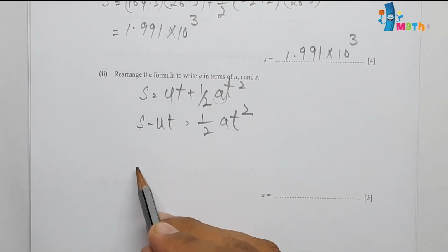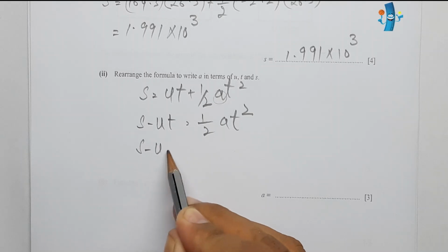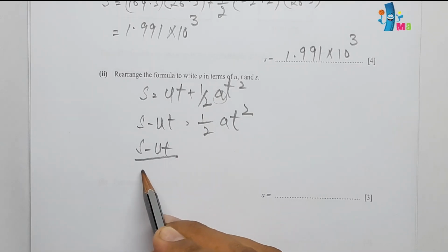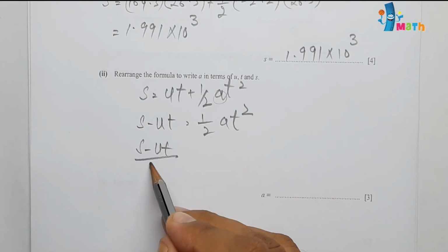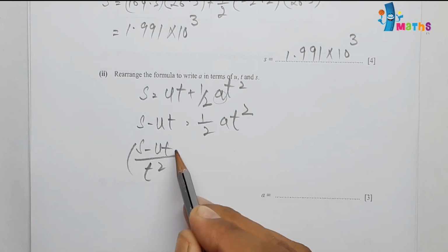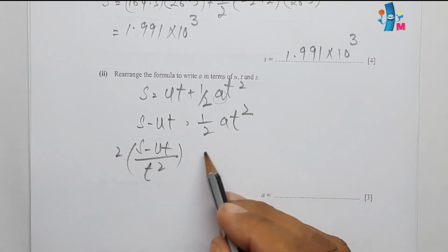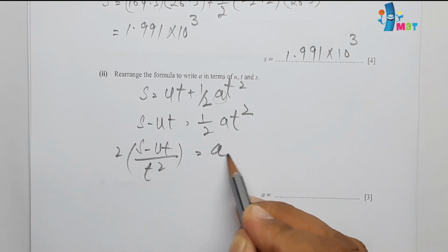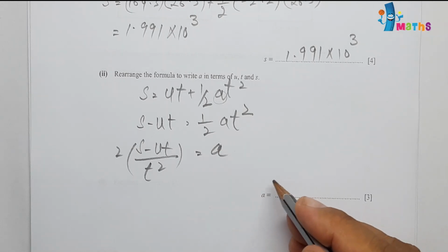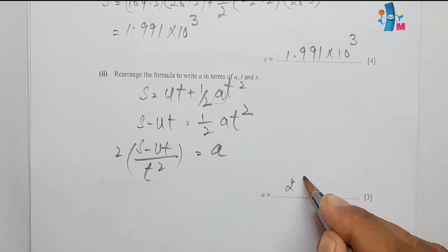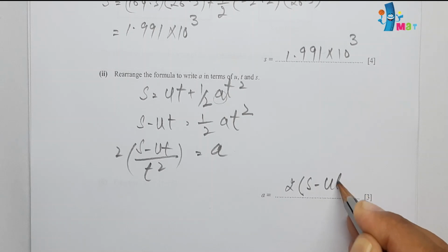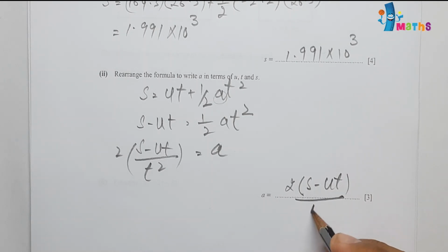Then we can move this 2, and t squared as well. So 2 into S minus ut over t squared will be equal to a. So a is equal to 2 into S minus ut over t squared. This will be our answer to this question.